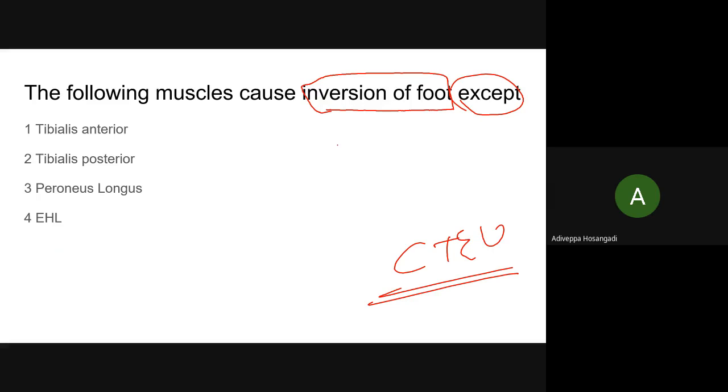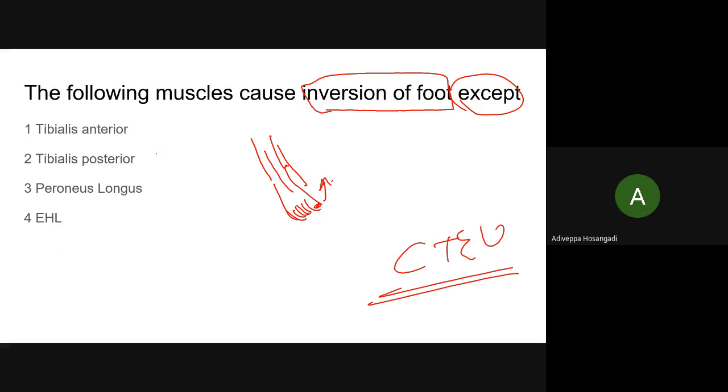When you are sitting on a stool, you move the foot so that the sole has to see the ceiling. You try and move your foot inwards where the sole faces upwards. The great toe is more upwards, which means the muscles have to be on the anterior or medial side.